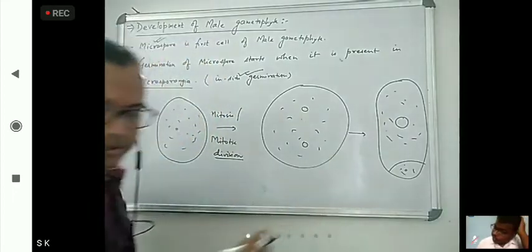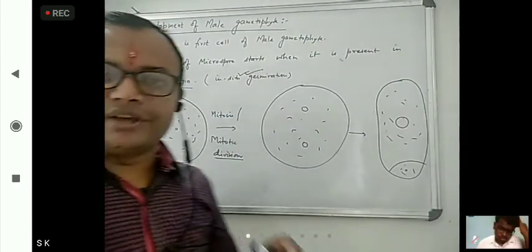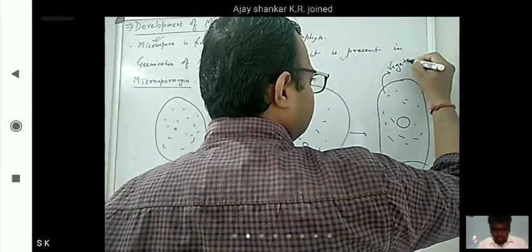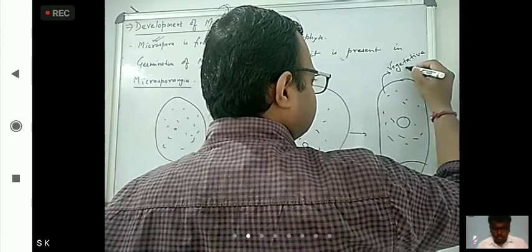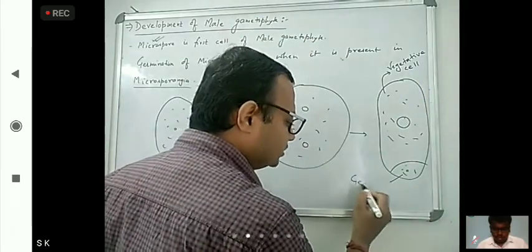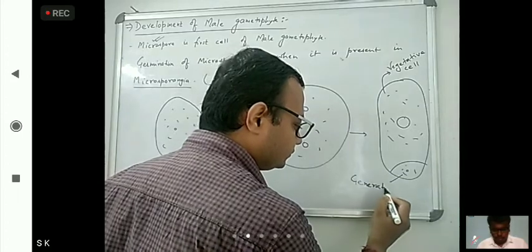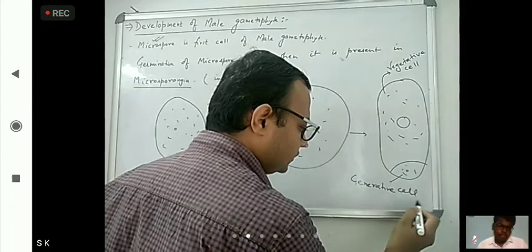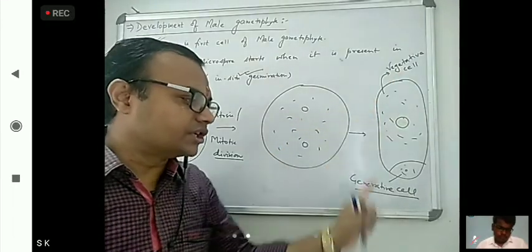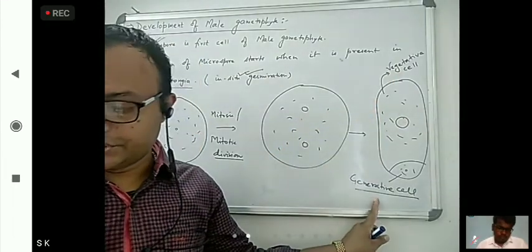The bigger one is known as the vegetative cell, and the smaller one is known as the generative cell. So the two-celled stage has one vegetative cell and one generative cell.